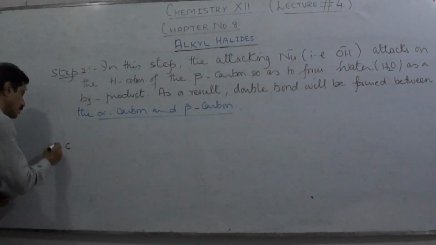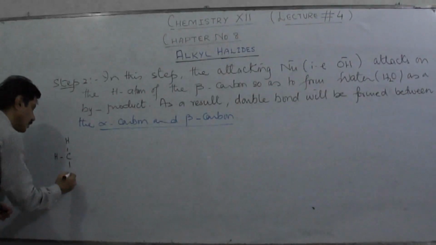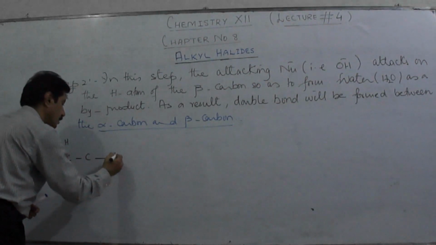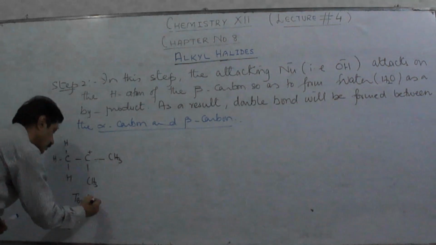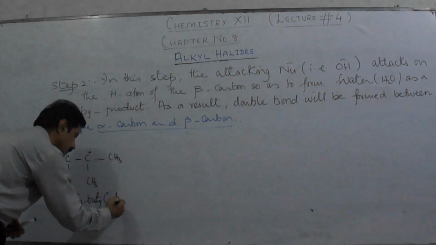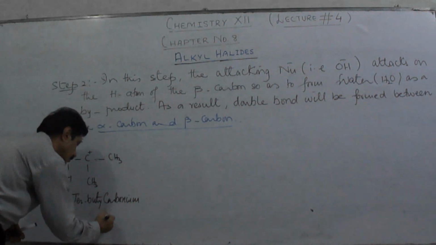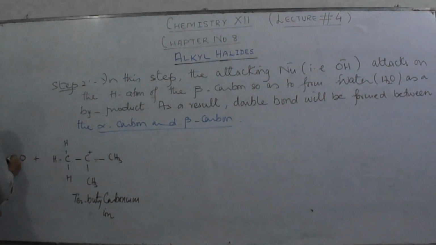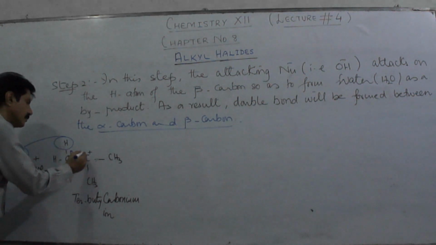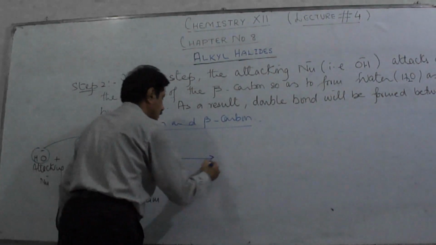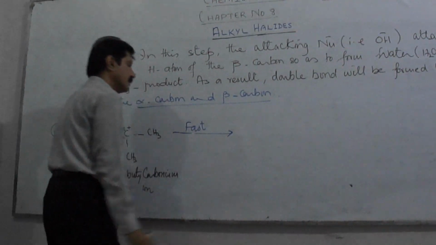Now this is the tertiary butyl carbonium ion, and this is the attacking nucleophile, the OH group. Now this OH group will take this hydrogen atom from the beta carbon. This step is fast and irreversible.